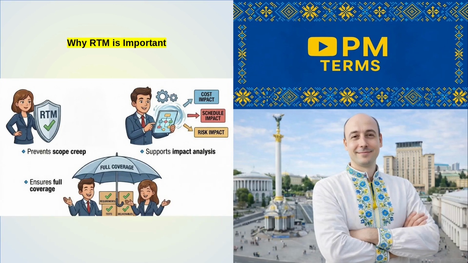When a change request appears, RTM allows us to quickly assess cost impact, schedule impact, and risk impact. Third, it ensures full coverage. RTM proves that every requirement is designed, built, tested, and formally accepted. Without RTM, gaps remain invisible until it's too late.